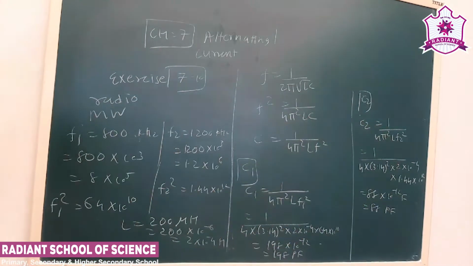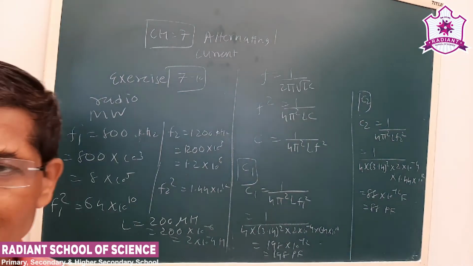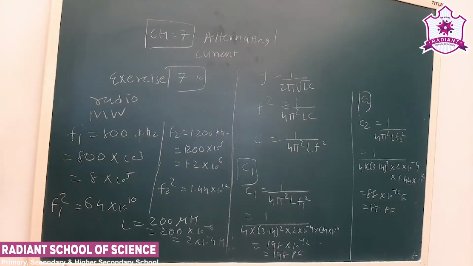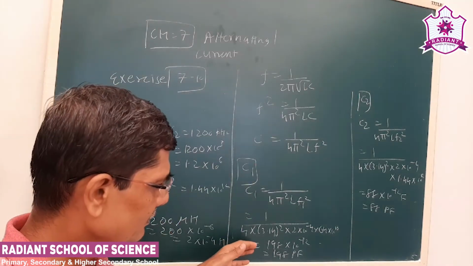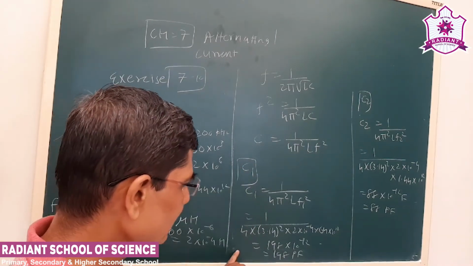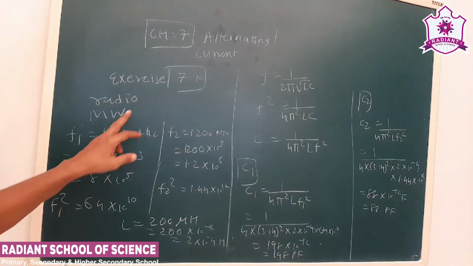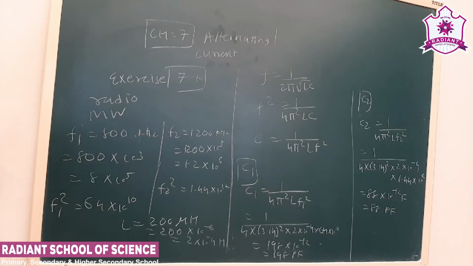So this is again an LC oscillation. From L given, and frequencies F1 and F2 given, we can obtain the corresponding values of the capacitor, C1 and C2. So this is nothing but exercise number 7.10.